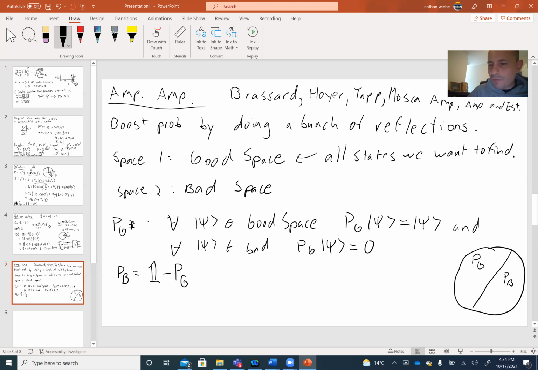Together, everything is either good or bad, which is why the identity is equal to the projector onto good plus the projector onto bad. And we can think about the identity as a projector as well, the projector onto everything. Okay, so these are the two objects that we want.